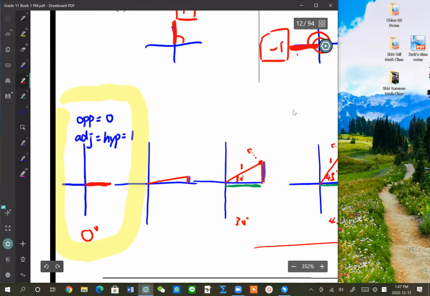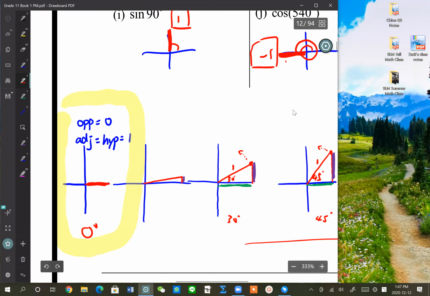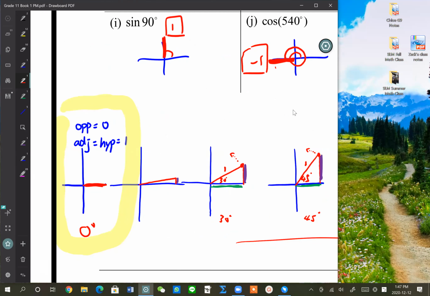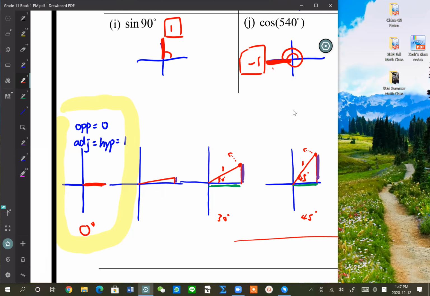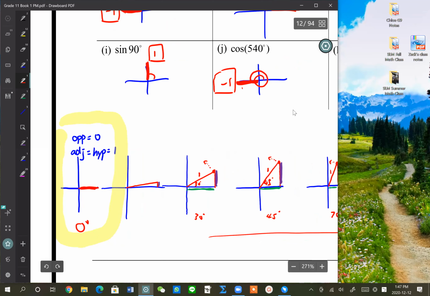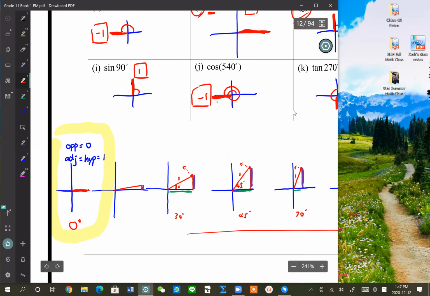There's no triangle at all. So when the angle is 0 or 180°, the opposite side disappears. You can see the purple line is the opposite. It gets longer and longer as it goes to 90°.